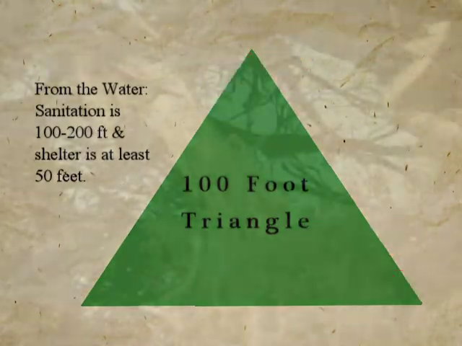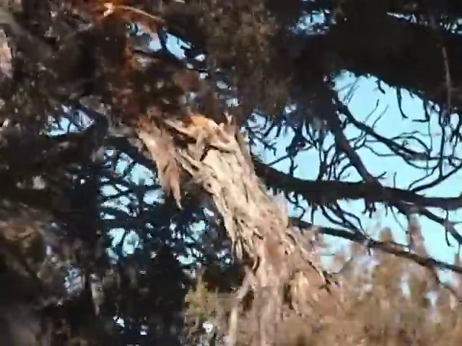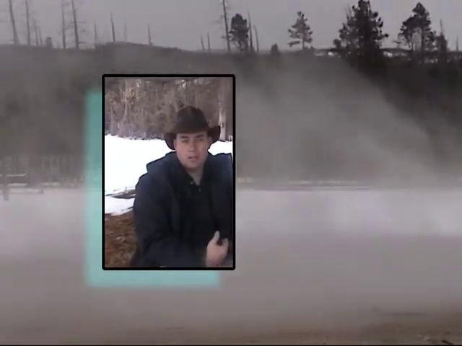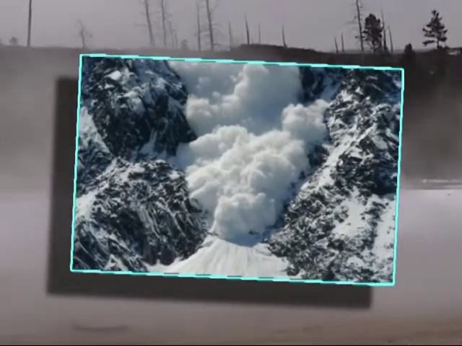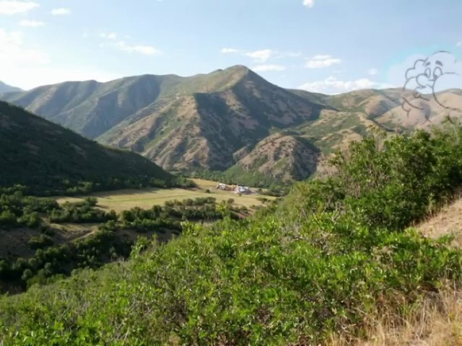Another thing that we want to look for is terrain features. If we're putting a shelter up inside a canyon, we want to be very careful, because things that could devastate our chances of being rescued are things like avalanches in the winter, and also in the summer and spring we have a lot of wind flow in the canyons.